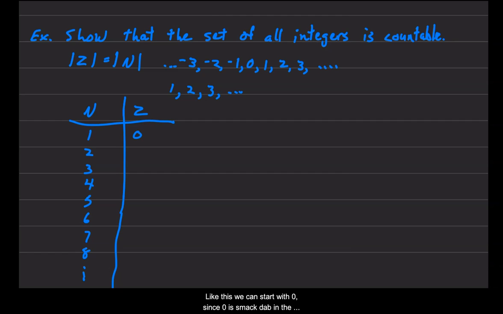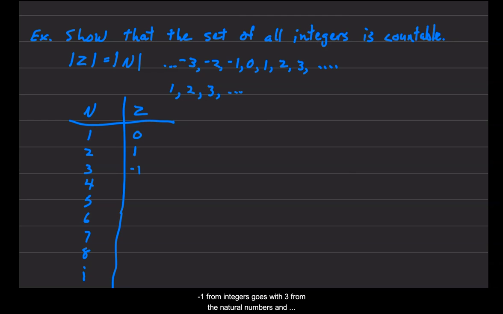We can start with 0, since 0 is smack dab in the middle of a mirror image between negatives and positives. And then we can alternate between writing the positives and then the negatives. So I write 0 goes with 1 of the natural numbers. 1 from the integers goes with 2 from the natural numbers.